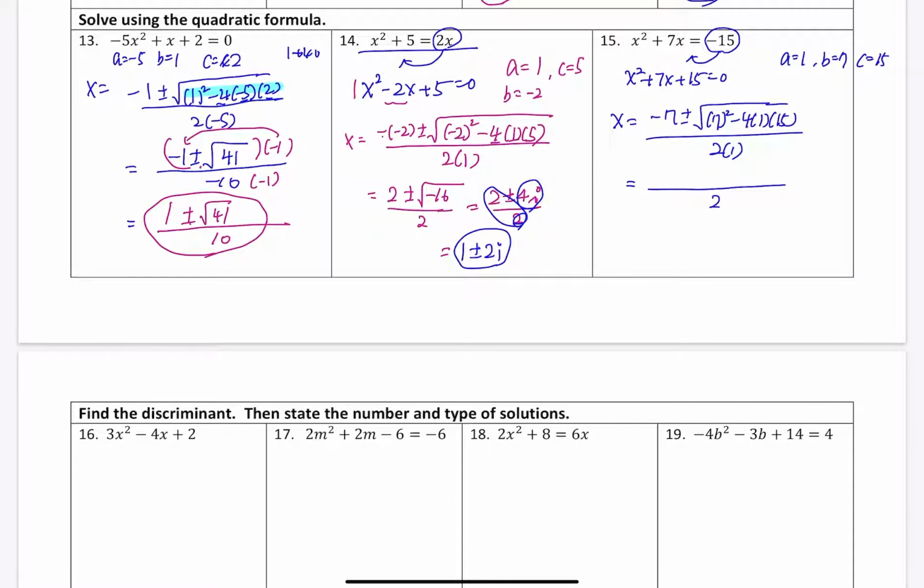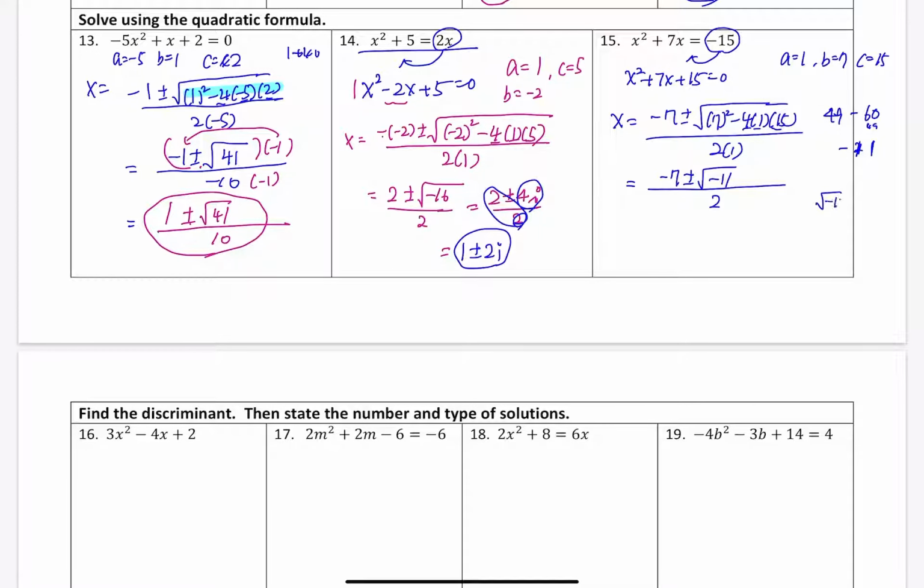So the denominator is 2, numerator negative 7 plus minus square root of 7 squared is 49 minus 4 times 1 times 15, 60. 49 minus 60 is negative 11.